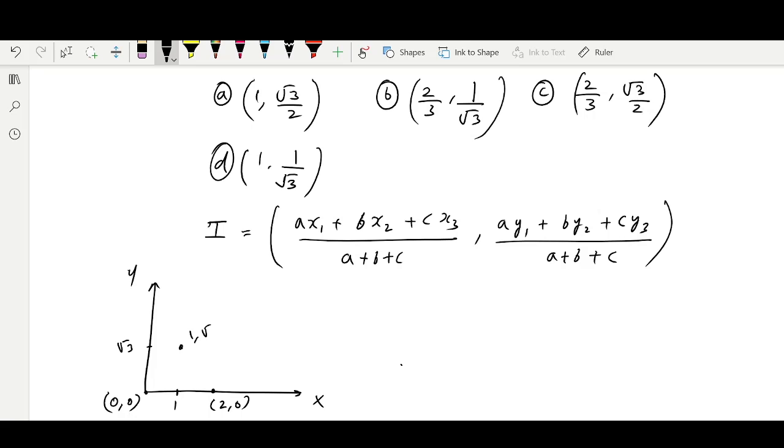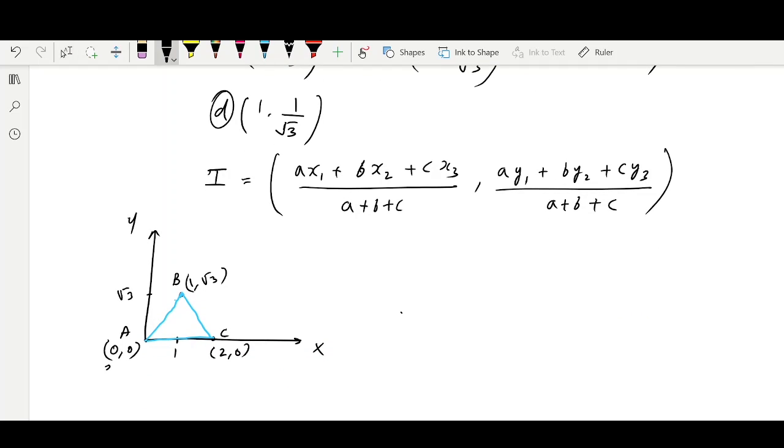Join these three points with another color so it's visible. Let's say this is A, this is B, this is C. And let's say this is x1, y1, this is x2, y2, this is x3, y3.